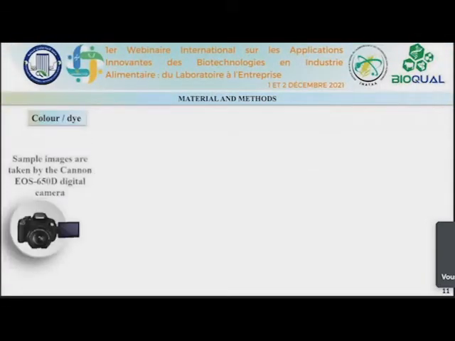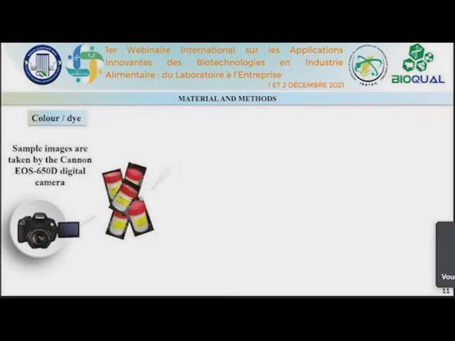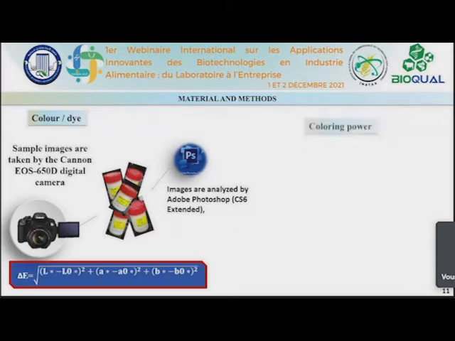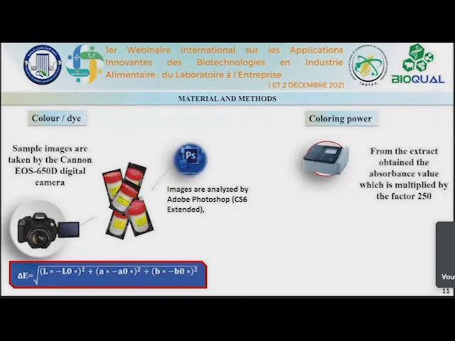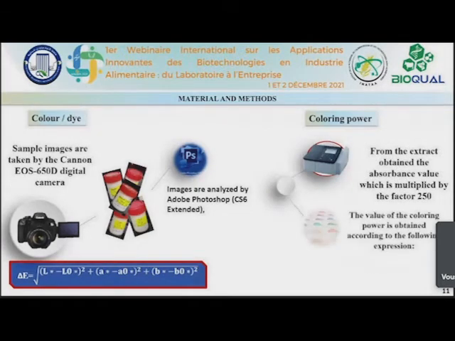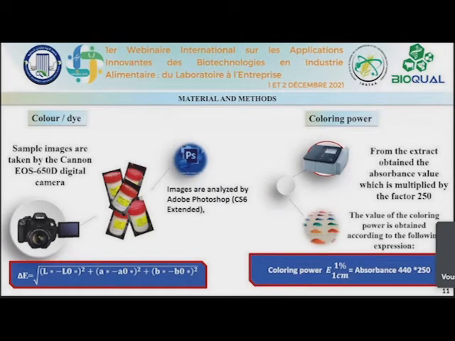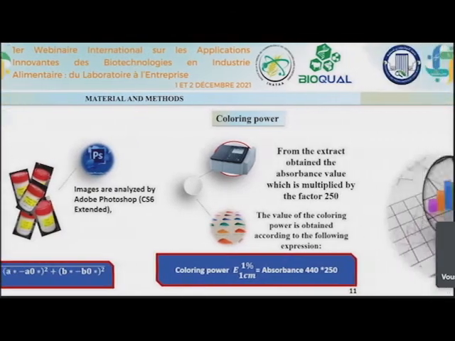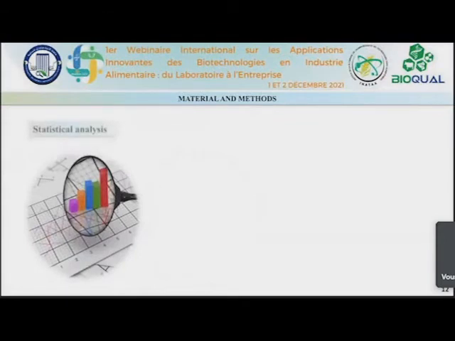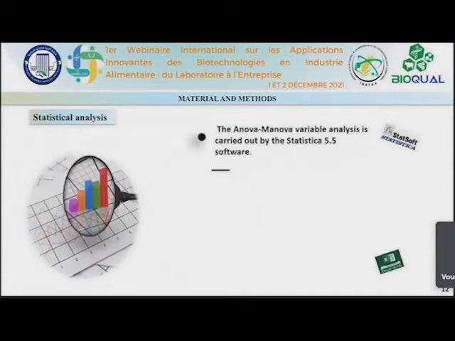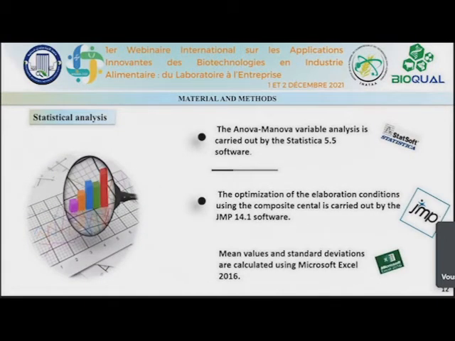Regarding the colorimetric parameters, the images of our samples are taken by digital camera and analyzed by Adobe Photoshop software. To calculate the coloring power, we multiply the absorbance of our extract by a factor of 250, as described in the following formula. To make the statistical analysis, we had recourse to the software Statistica and JMP, and of course the calculations were carried out by Excel.